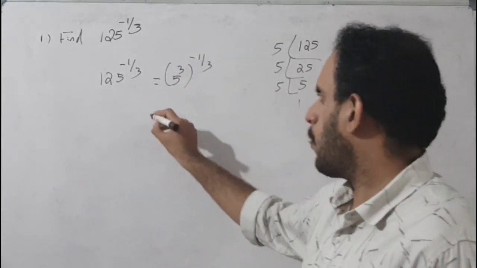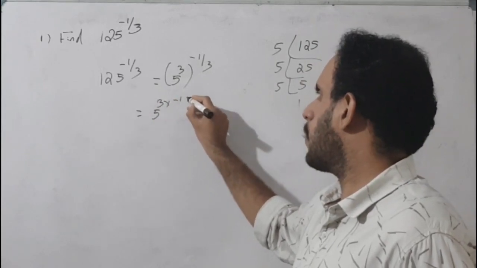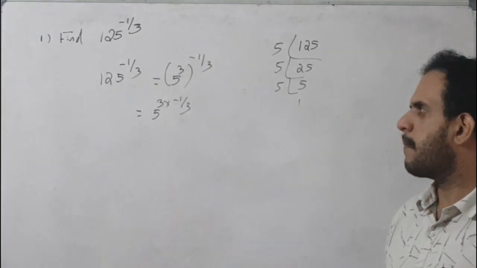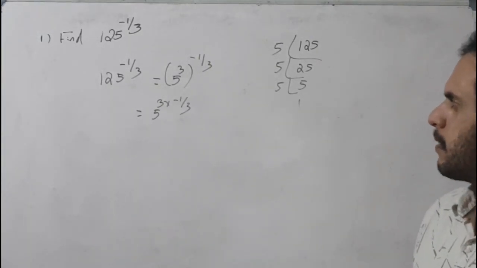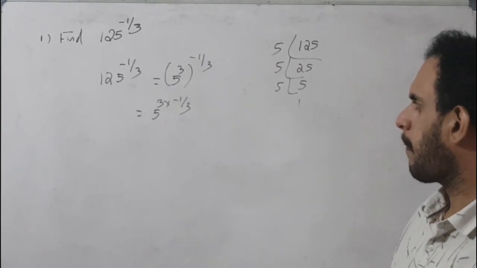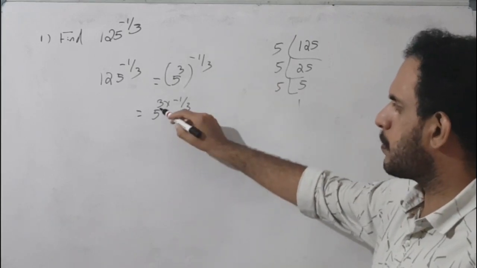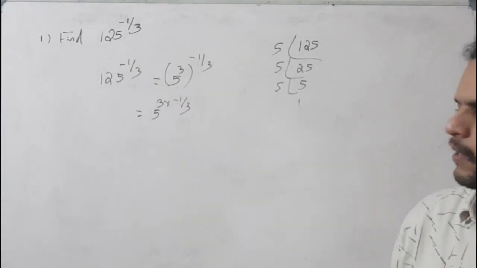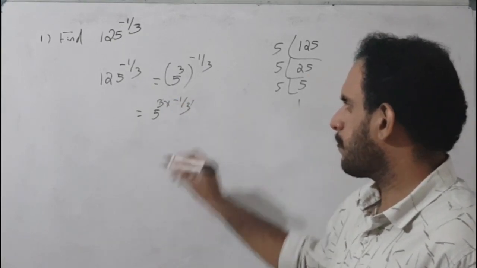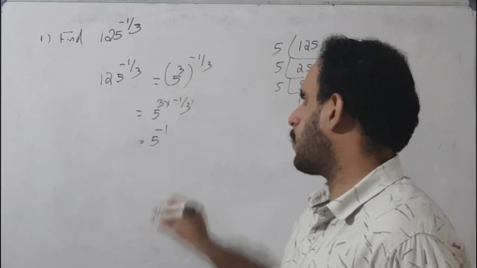Then again the law, how to write? 5 raised to 3 into minus 1 by 3. The law: a raised to m whole raised to n is equal to a raised to mn. Here it is also possible to cancel 3 and 3. Then we get 5 raised to minus 1.